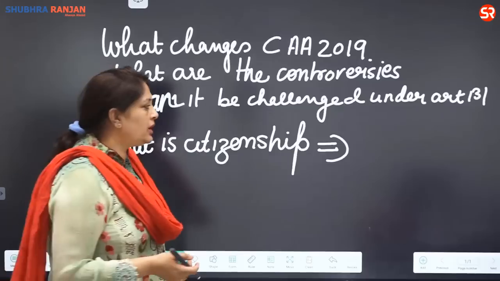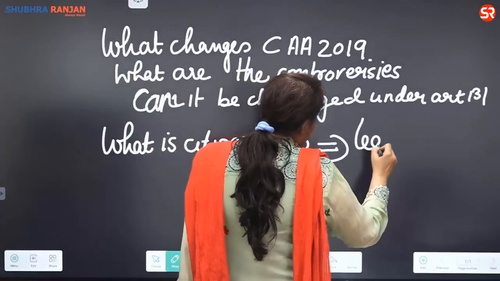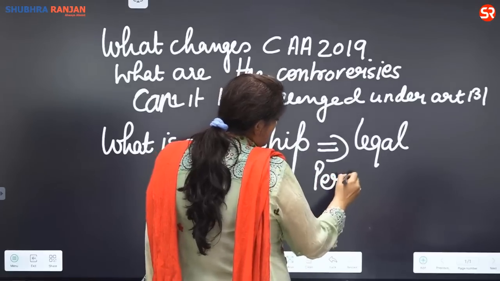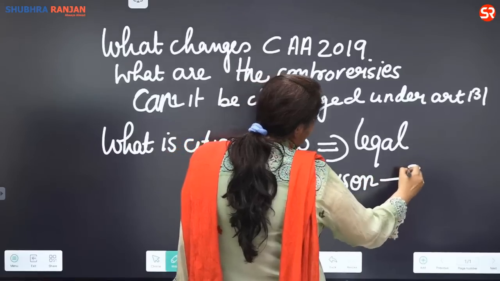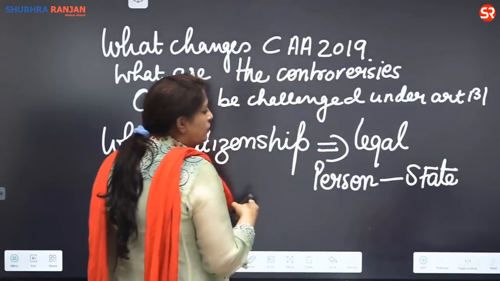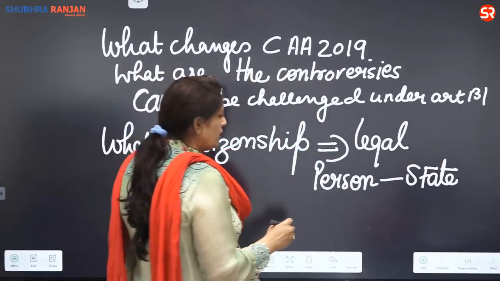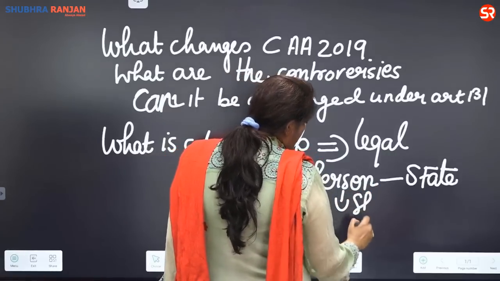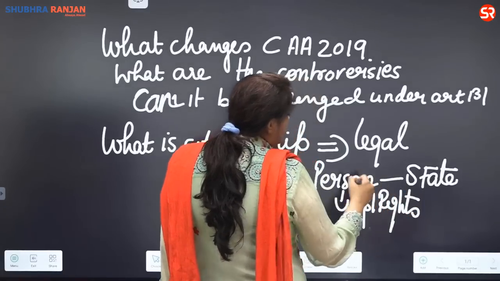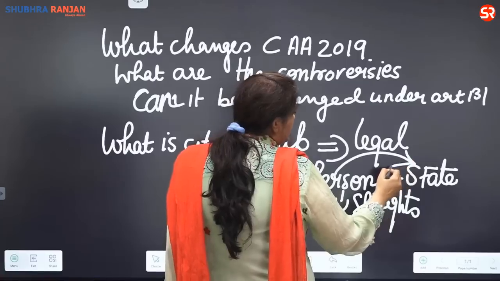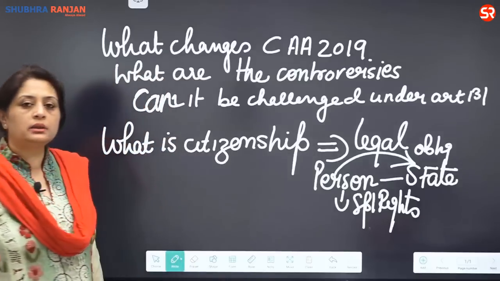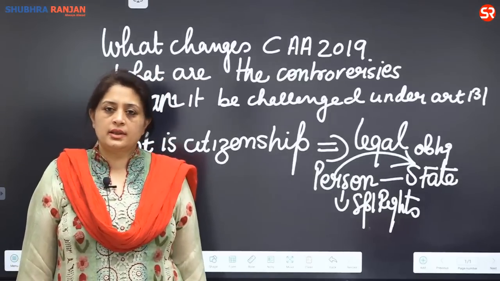So citizenship is basically a legal status between the person and the state of which he is a citizen. So it's a two-way street where the person gets certain special rights which are not available to non-citizens, as well as the person has certain obligations towards the state. So this is the general meaning of citizenship.